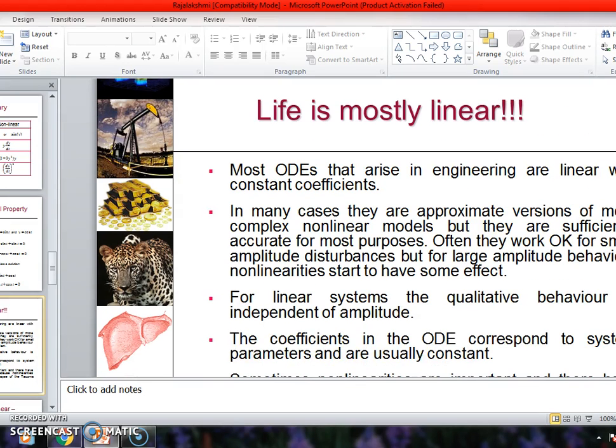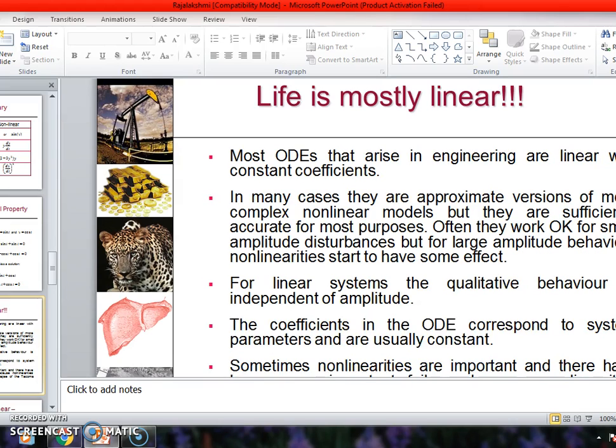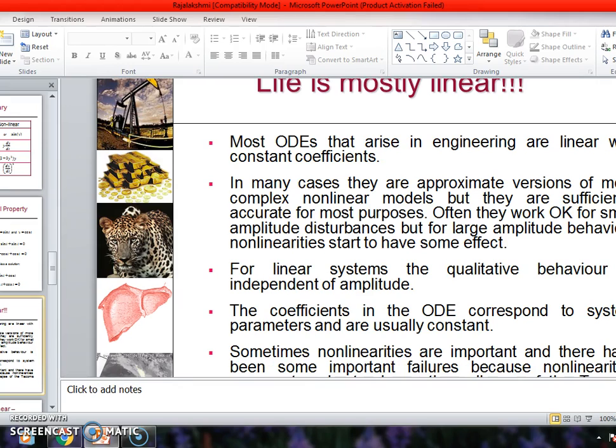Life is mostly linear. Most ODEs that arise in engineering are linear with constant coefficients. In many cases they are approximate versions of a more complex non-linear model, but they are sufficiently accurate for most purposes.